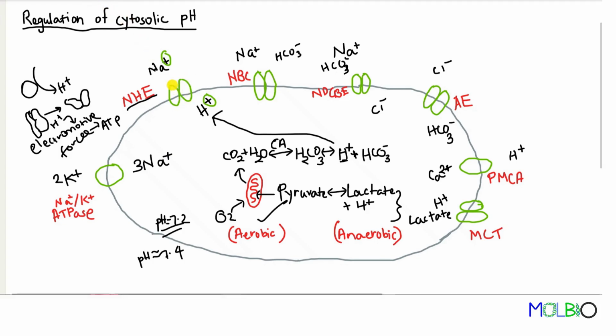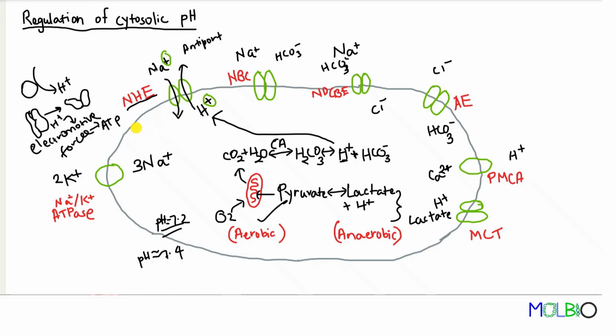So it brings in one sodium ion and effluxes out one proton. So this is an antiporter. If you remember from secondary active transport, this is an antiporter where energy from the sodium gradient is providing energy for the flow of the proton.